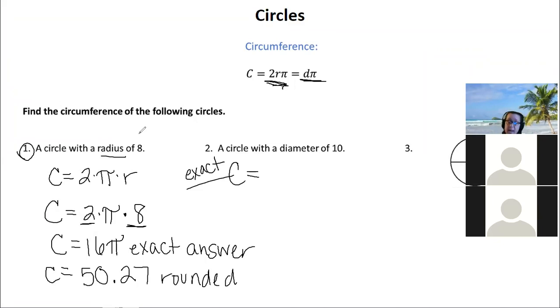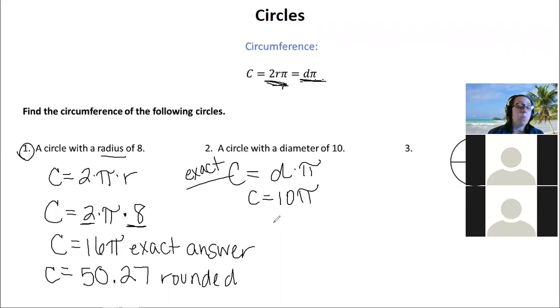By pi. Yeah, exactly. I have a formula that just says diameter times pi. So all I have to do is take my diameter and multiply by pi. So 10 pi would be my exact answer.